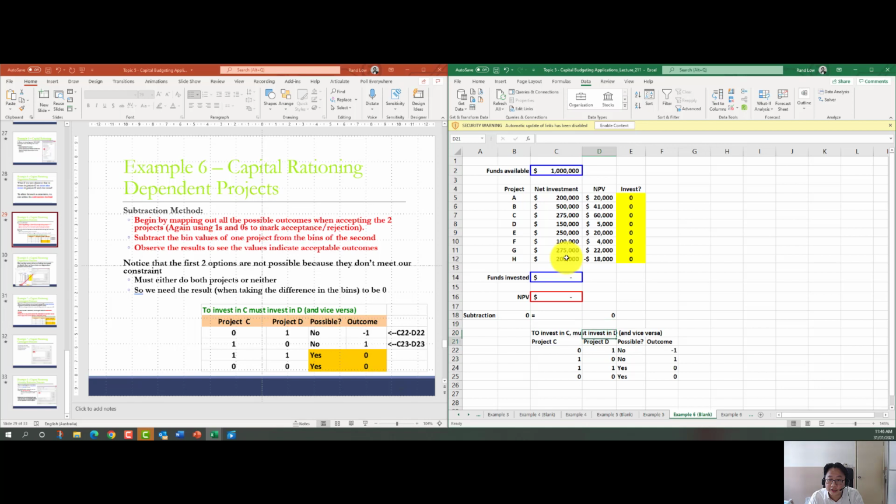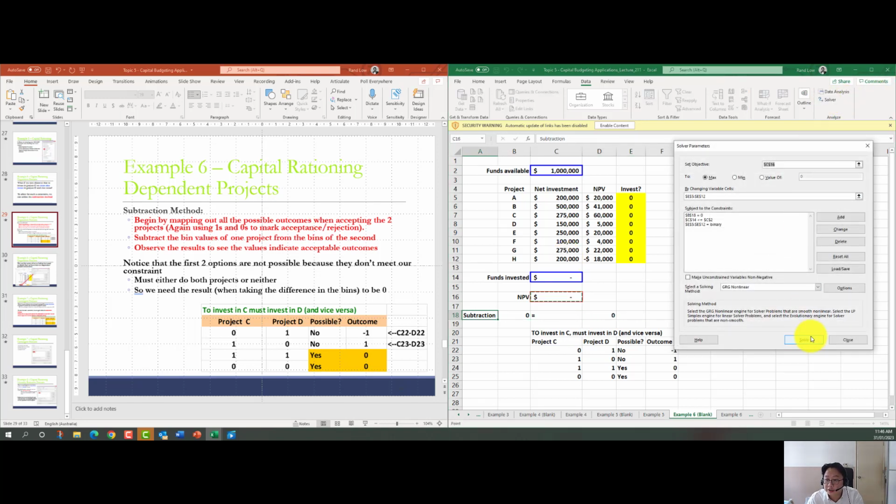The condition it must meet is that the outcome of projects C and D must be 0, and then it complies with the requirement. We could change this to 1 and -1 too. Let's just solve it.